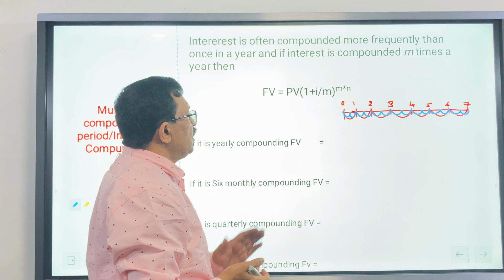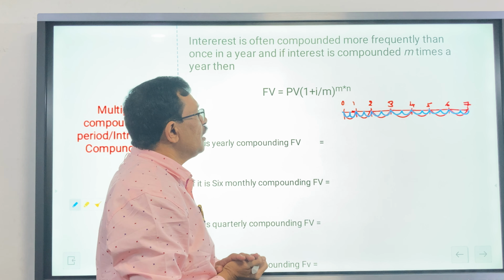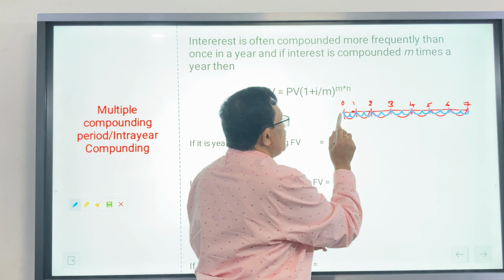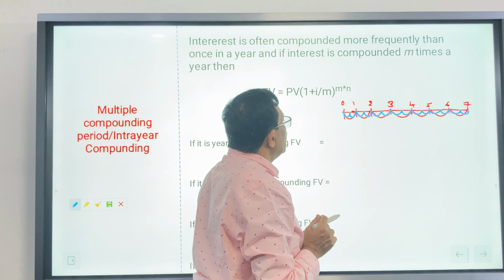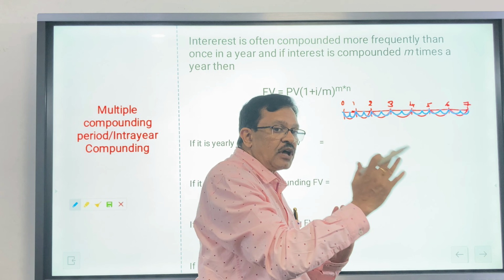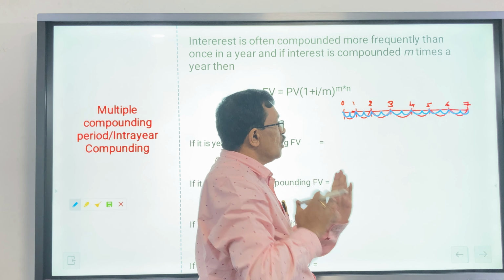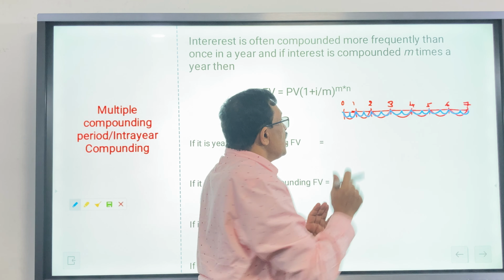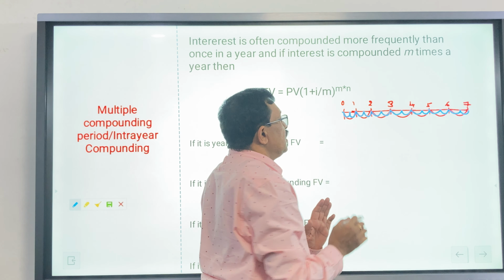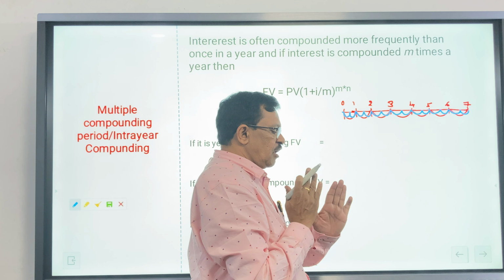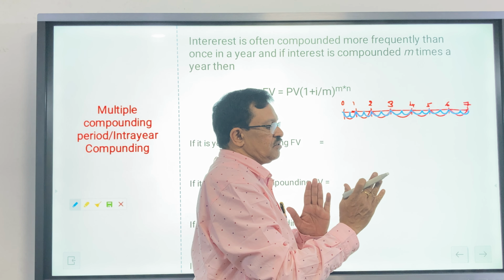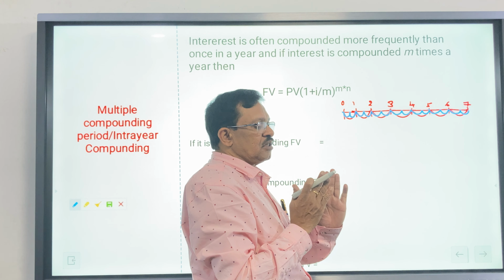If it is going to be compounded on a quarterly basis, each year you will have 4 periods, and the compounding is going to be done 4 times a year. If it is going to be on a monthly basis, each year is going to be divided into 12 periods, and for each period we are going to calculate the interest and add to the principal.